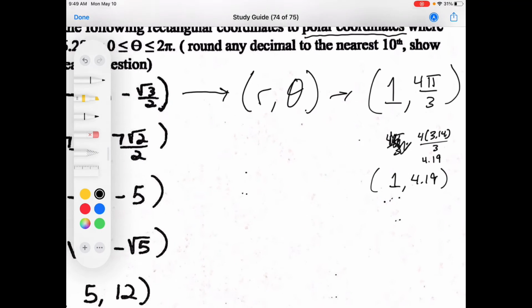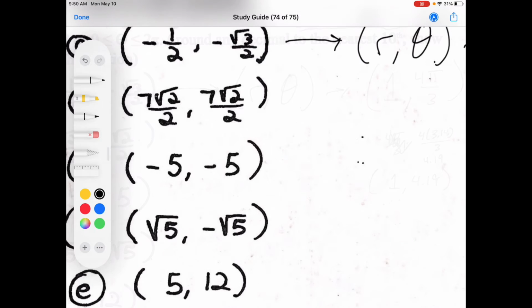Okay, now let's look at number 2. If you'll notice the √2/2's, anytime you see a √2/2, that's from the unit circle. And this is positive, positive, so that tells me it's first quadrant. And in the first quadrant on the unit circle, where the radius is 1, you have √2/2, √2/2.